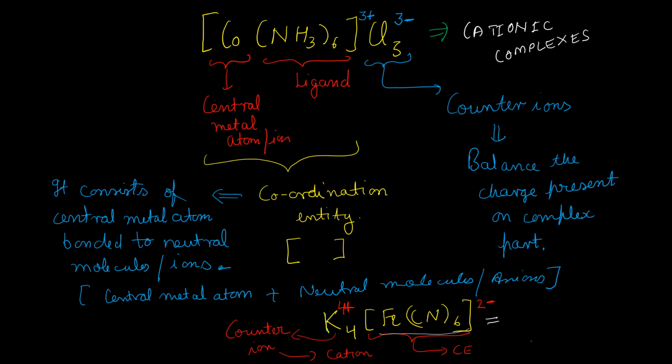So such types of complexes will be called anionic complexes. So on the basis of charge, two types of complexes are there.